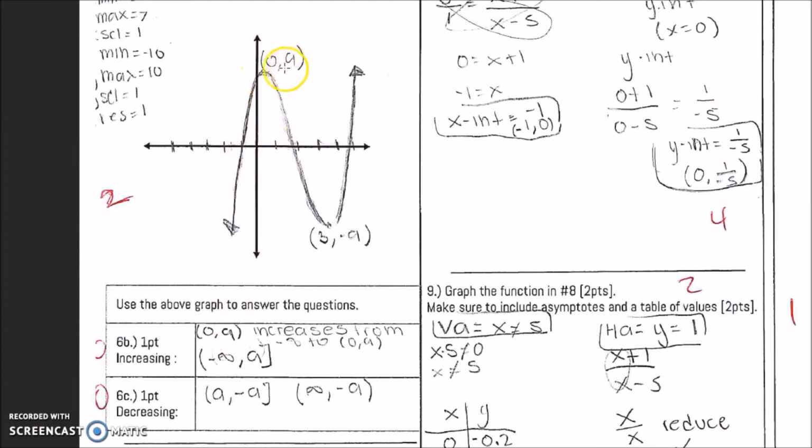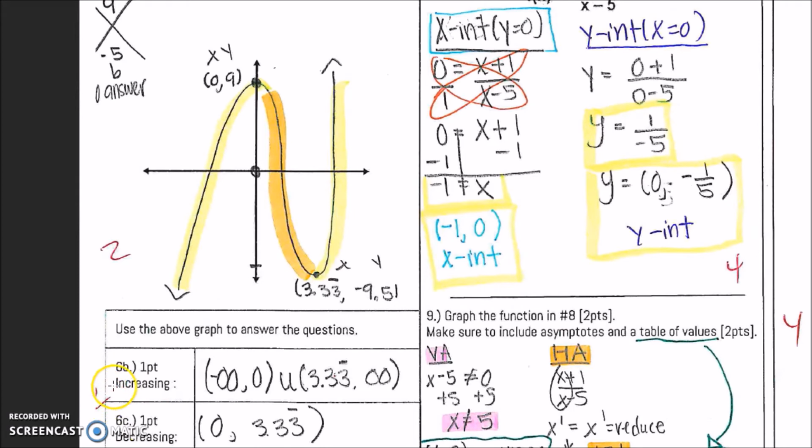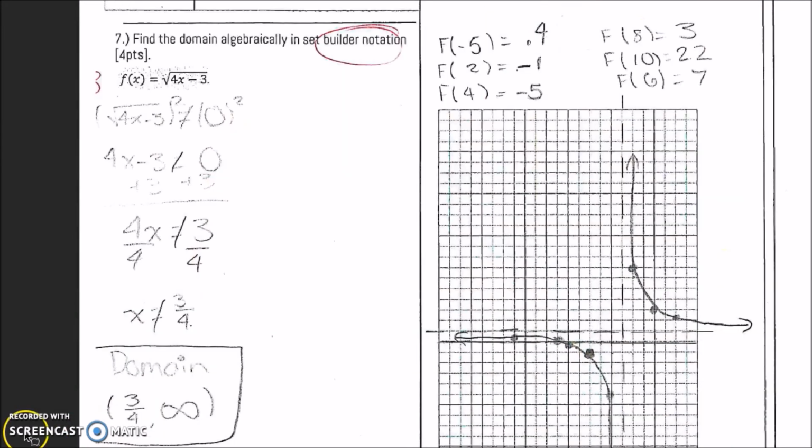We're not looking at the y values, we're looking at the x values for increasing and decreasing. Alright, so this student got a 2 here and a 2 here. They color-coded it. So again, if it helps you, you're looking at the x values. So increasing from here to there, decreasing in the orange, and then yellow is increasing.